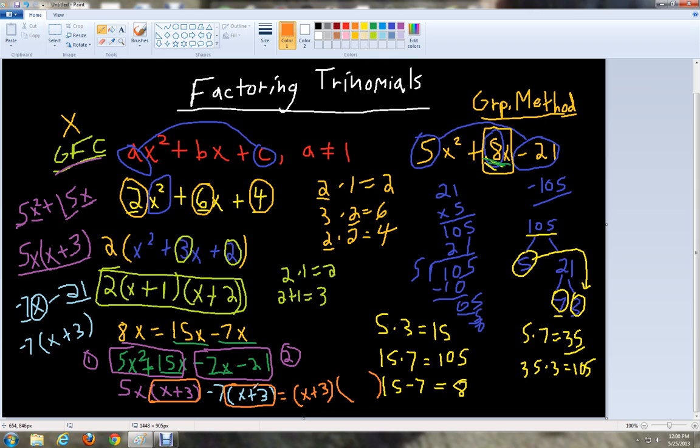It's just through the distributive property of combining the 5x minus 7. So the sum of those two terms, 5x minus 7, or difference, if you want to think of subtraction, so 5x minus 7 would be our other factor. And there's our answer. x plus 3 times 5x minus 7.